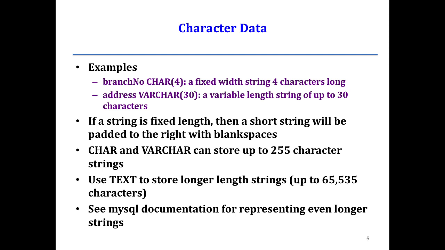So the advantage of fixed width fields is they lead to fixed width records, which makes it real easy to index into them. So fixed width fields are faster to access. It's faster to access records with fixed width fields. With variable length fields, it becomes more of a linear search because you never know how big they are. So that's the trade-off, speed versus space.